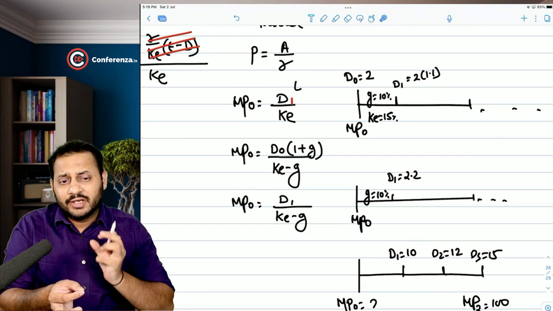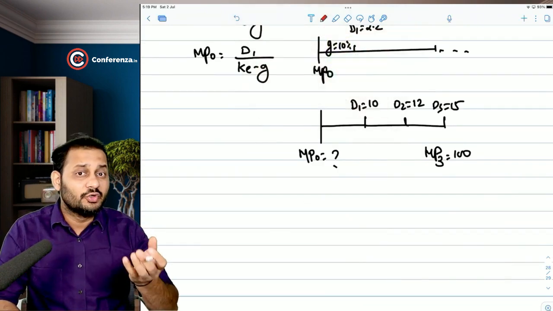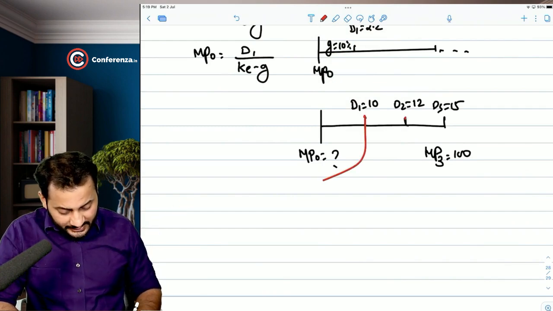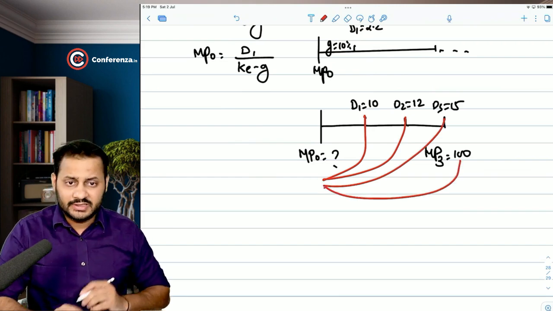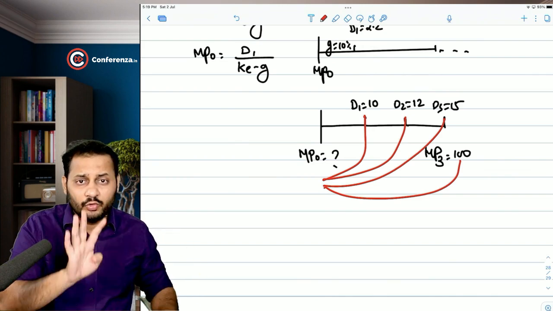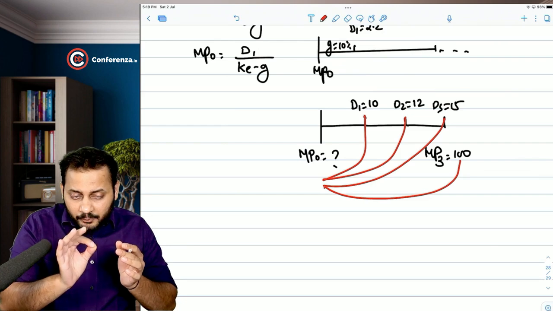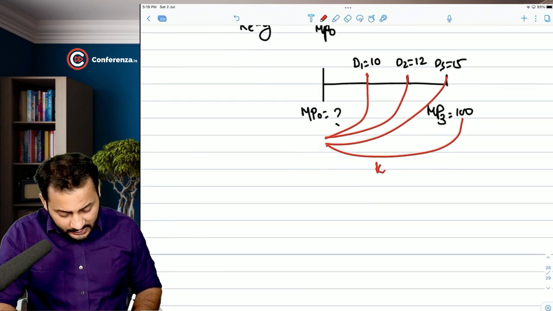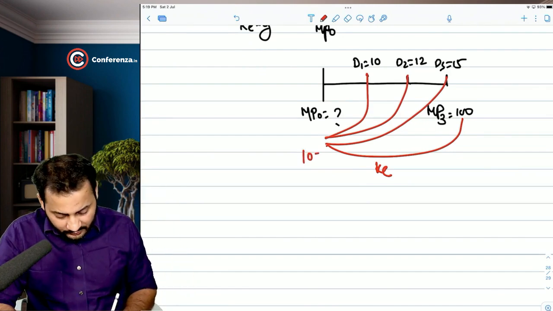So let's say, for example, the present value of all the future cash flows that I'm going to receive. In this example, I will receive 10 rupees, 12 rupees, 15 rupees and 100 rupees, and after that I will sell the share. So after that I will not receive anything, only 4 cash flows that I'm receiving. So the present value of all these 4 cash flows at cost of equity comes to, let's say, 105 rupees.